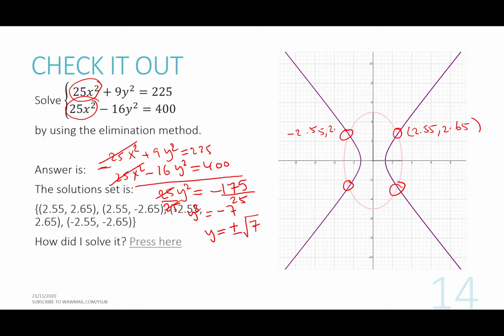Same thing here for minus 2.55 and minus 2.65, and here are 2.55 and minus 2.65.